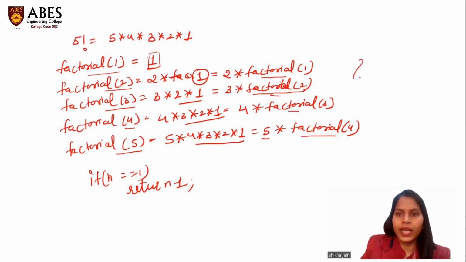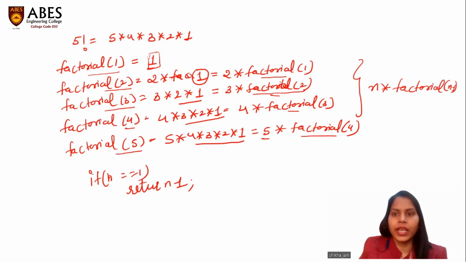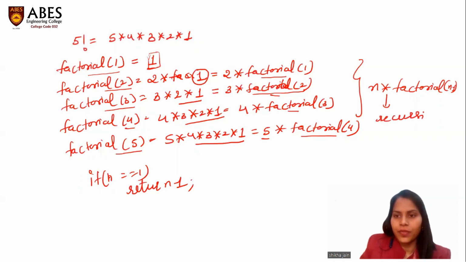So we can write it like n into factorial of n minus 1. In its present state, it's dependent on the previous state, right? So we can write it as n into factorial n minus 1. This is the recursive case. And this is the base case.